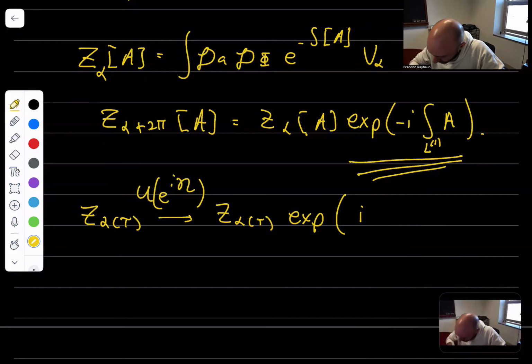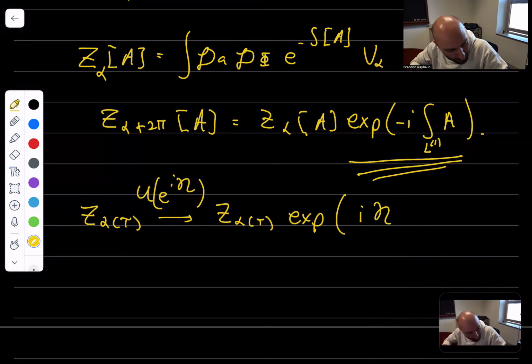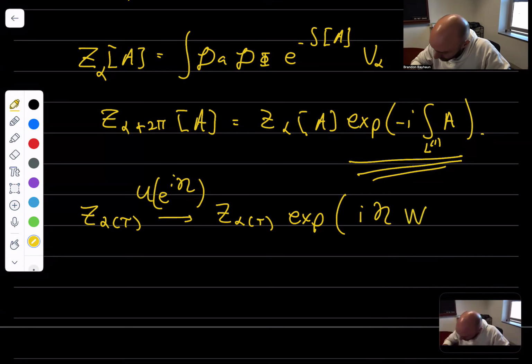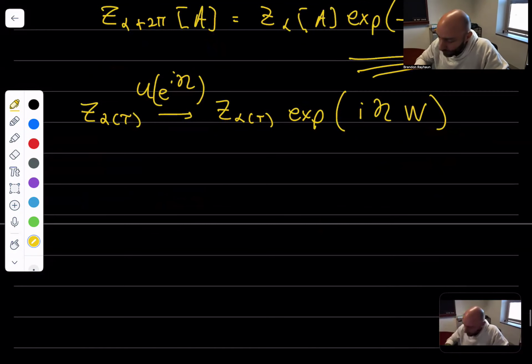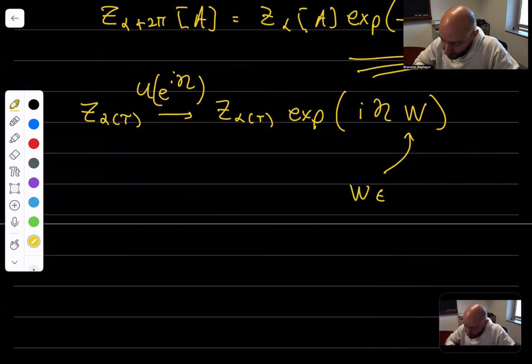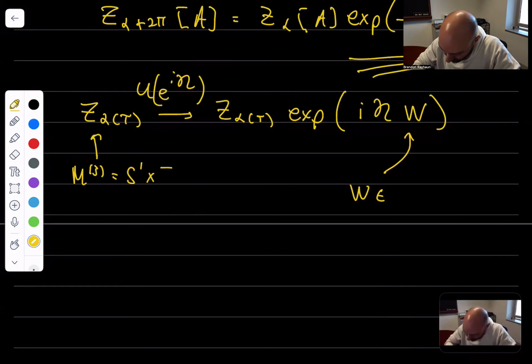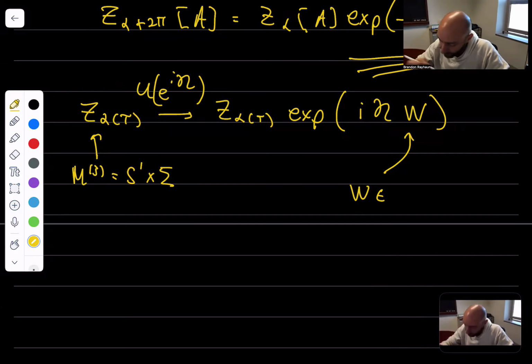I'm going to get the sign wrong, probably. Something like this. You find that you get a phase if you allow this. So let's say, sorry, I should have said, let's say that the manifold that I'm computing this partition function on is S1 times some 2 manifold, and that the line is wrapped along the S1.